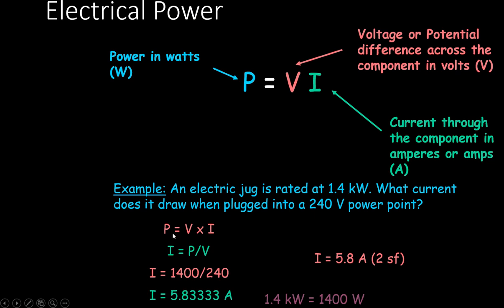So we want to know the current, so we rearrange this equation to give us current, I equals P divided by V. I equals 1400 over 240. 1400 is 1.4 kilowatts. 240 is the voltage. Divide gives us our answer in amps. We take that down to two significant figures because that is the lowest number of significant figures in our given information. So 5.8 amps is the amount of current drawn by that electric jug.